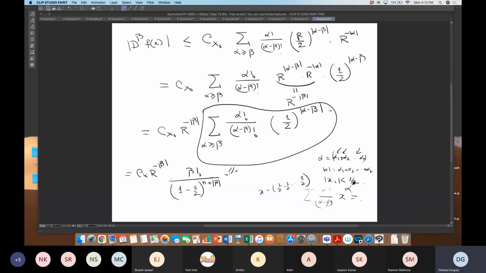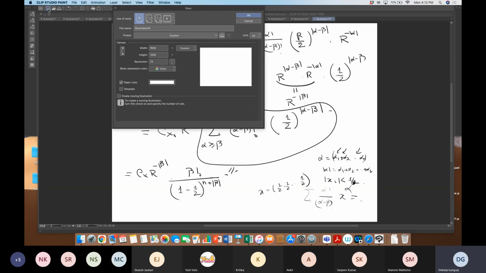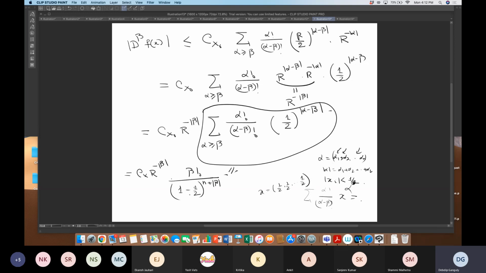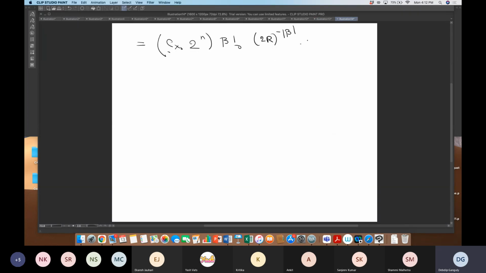So we get this equal to c x naught 2 to the power n, and beta factorial, 2 r to the power minus mod beta. If you just plug in, 2 comes as 2 to the power n, and you get this. Clear?